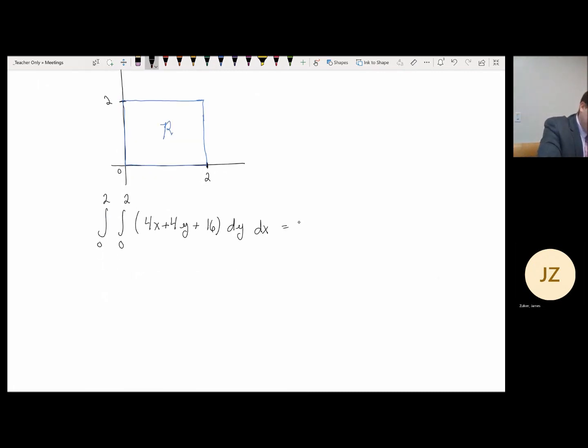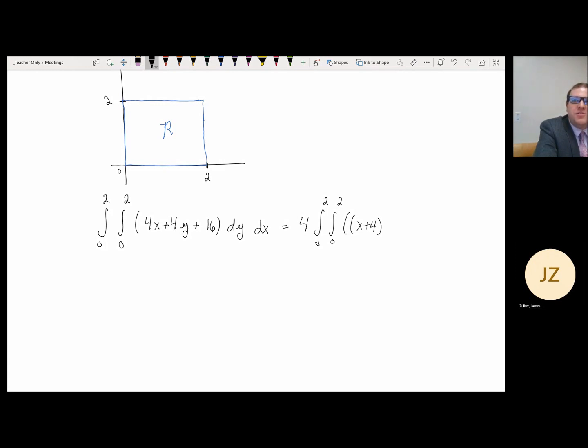I'm going to make life a little bit easier. Going to factor out 4. I am also going to do a nice little trick that is sadly overlooked a lot. Since we're doing with respect to y first, that x plus 4, that entire thing is considered to be a constant.